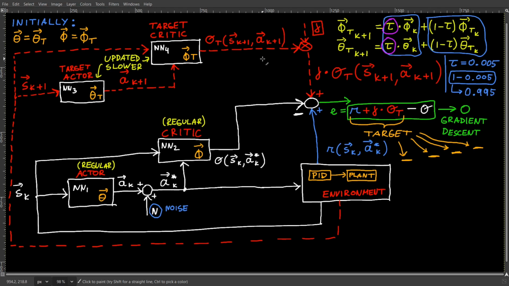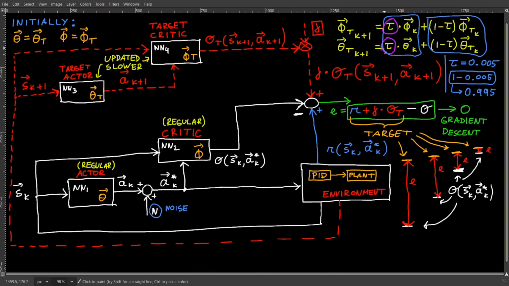However, because the target actor and target critic are updated much slower compared to the regular actor and regular critic networks, they are still relatively constant compared to the current Q value that comes from the regular critic, which still makes it easier for the algorithm to get the current Q value closer to the target Q value.